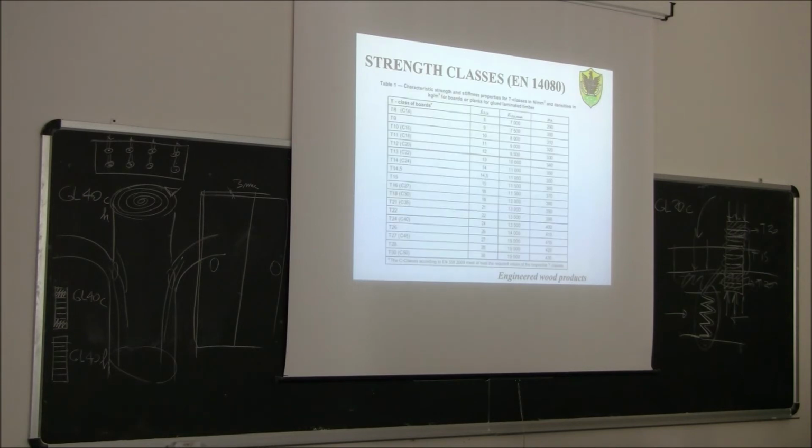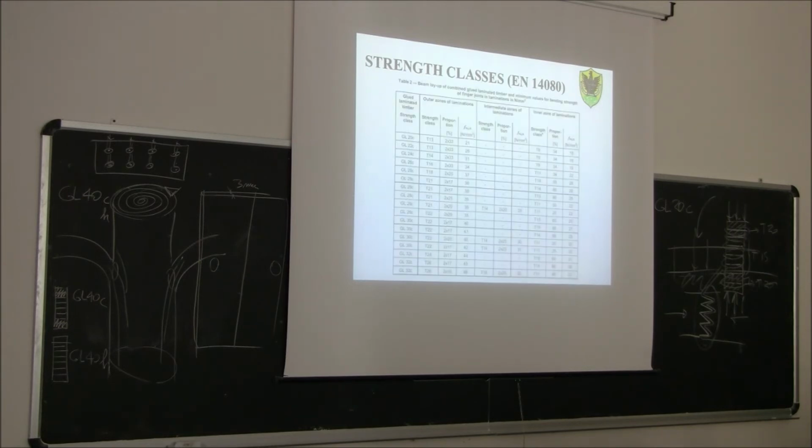So the table tells us that for the outer zone of lamination, we need to use boards of strength class T13 at least, with a proportion of 2 times 33%, and with a characteristic value of the bending strength of the finger joints of 21 Newton per square millimeter.